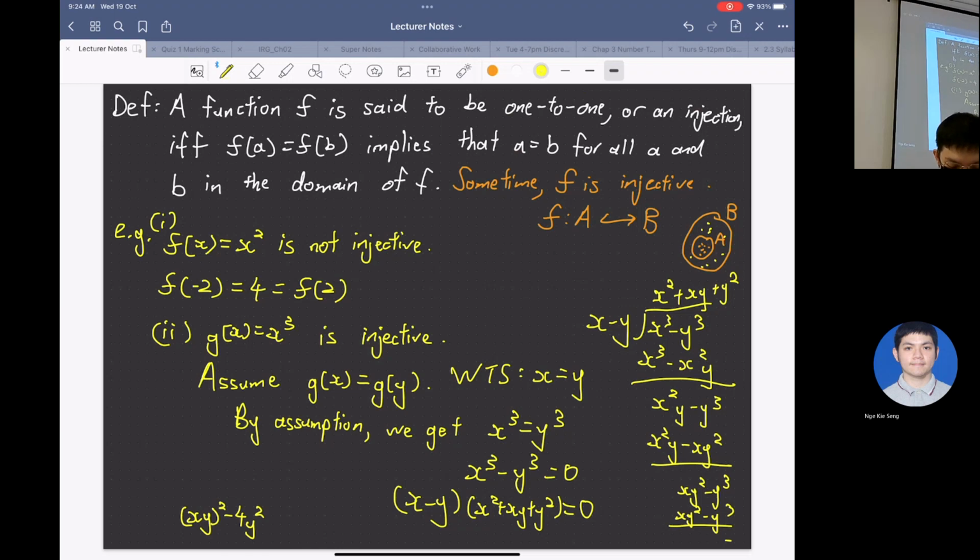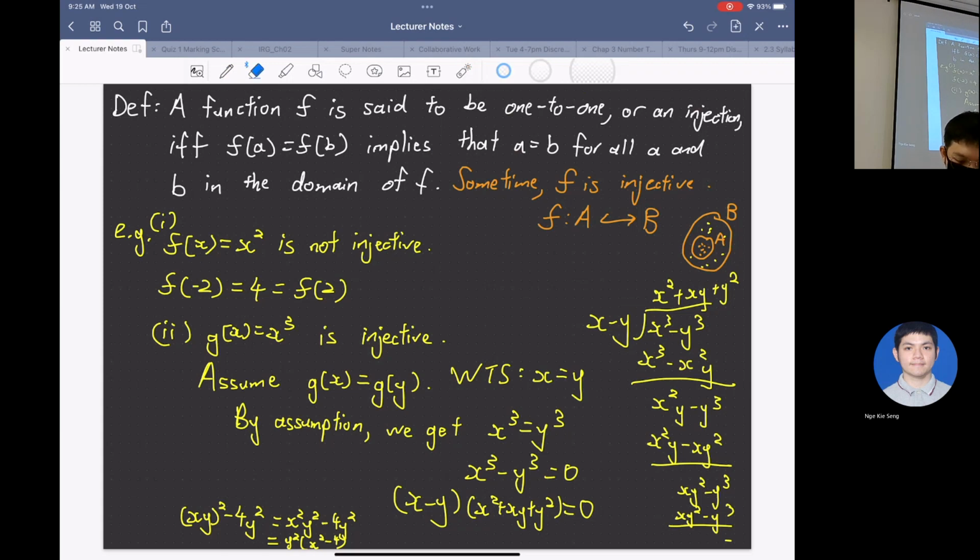So this one depends on X and Y. So B squared minus 4AC. B square is 1. No, B square is not 1.